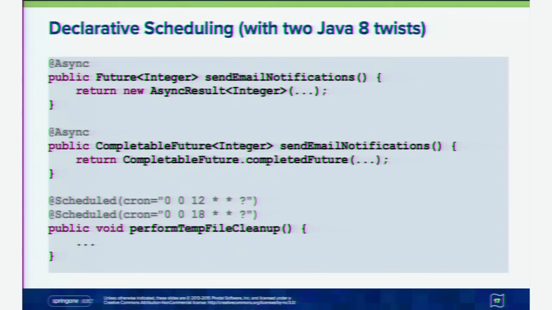We are making use of Java 8 features here. You may declare the return type of your async method as a Java 8 CompletableFuture, which is a way more powerful type with composition methods on it. All you need to do in order to get a CompletableFuture is to declare your return type. Spring detects this, builds a CompletableFuture for you, and you can take it from there.